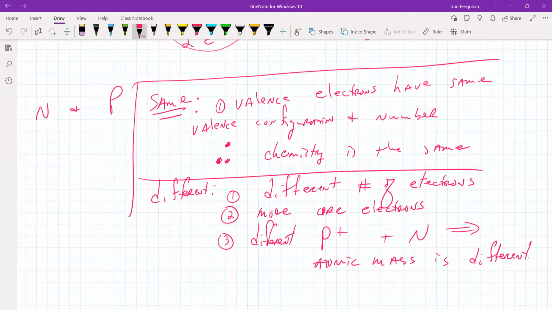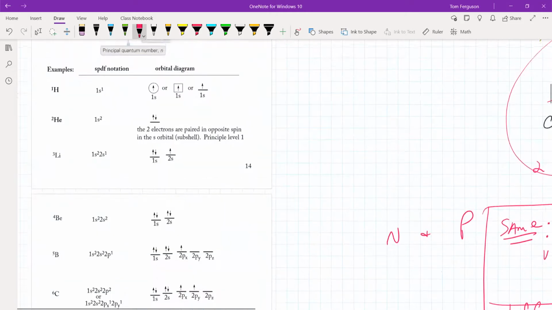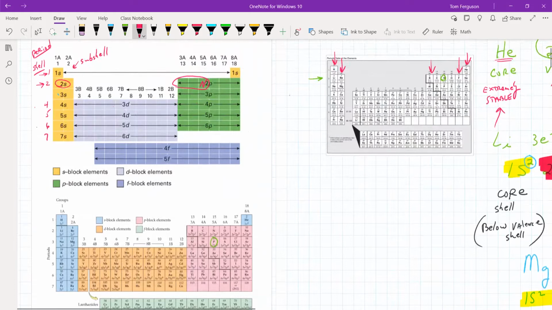Okay, so they are not the same atom, but their valence electrons are configured the same, hence their chemistry is the same. Now you can say that for all the groups.